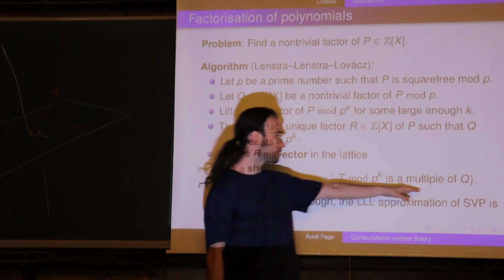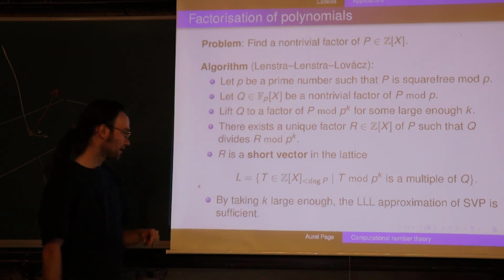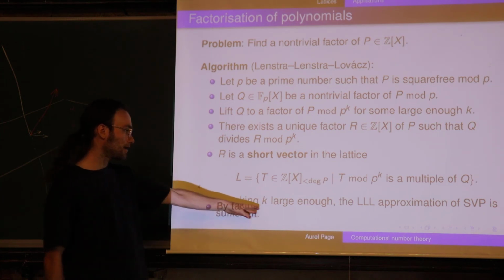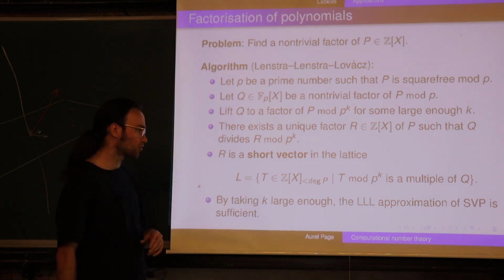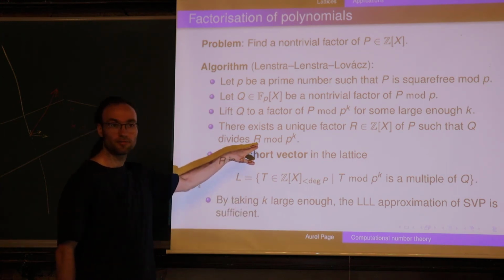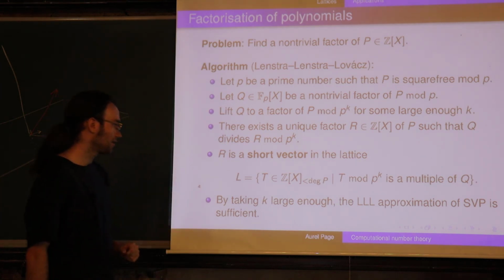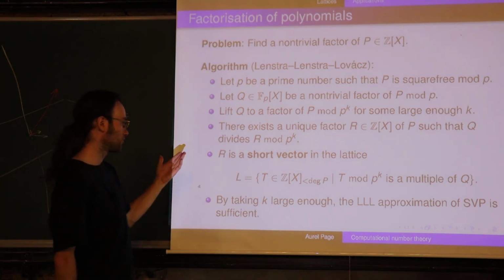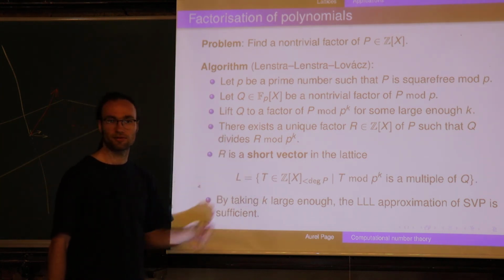This is just a linear condition here, being a multiple of a given polynomial. And so if you take K large enough, you can show that the LLL approximation of the shortest vector problem is sufficient to actually find R in this lattice. Okay, and so that's how you actually find this non-trivial factor R. You can divide by that and then continue.